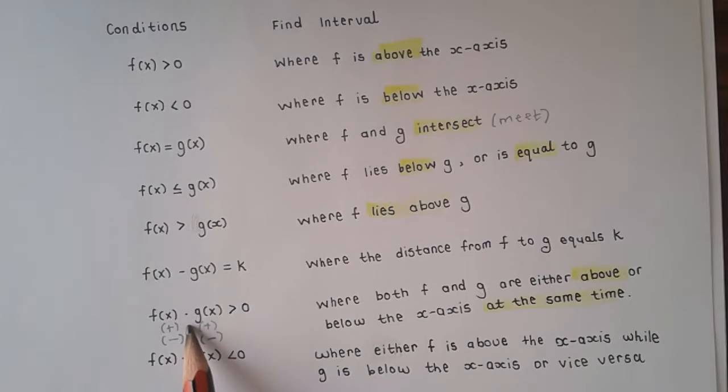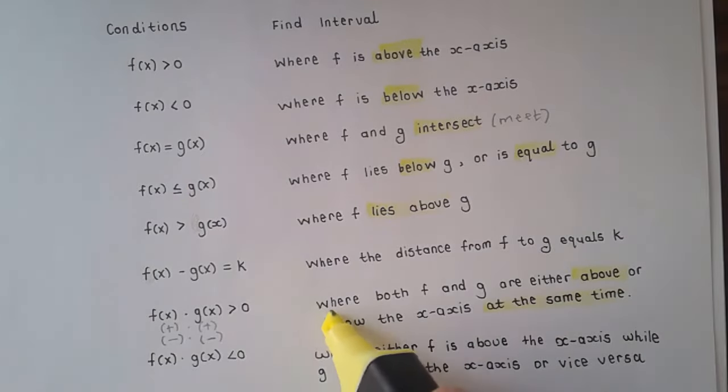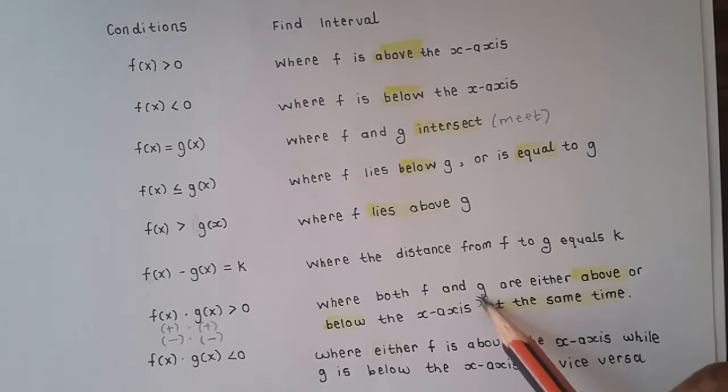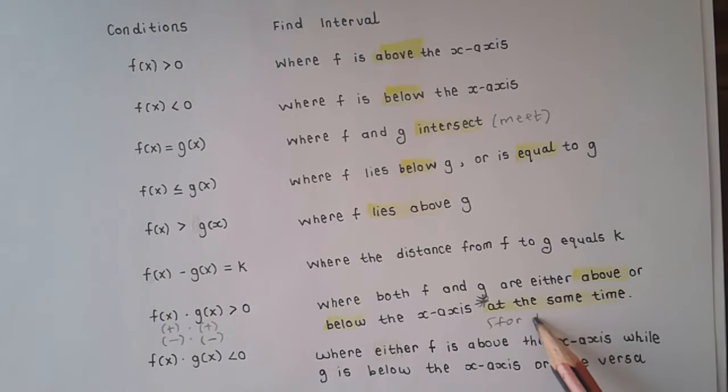So then these two products are both positive. So we basically summarize and say that for this condition, we're looking for where the two graphs are either above or below the x-axis. And the key thing here is that it's at the same time, or for the same interval.